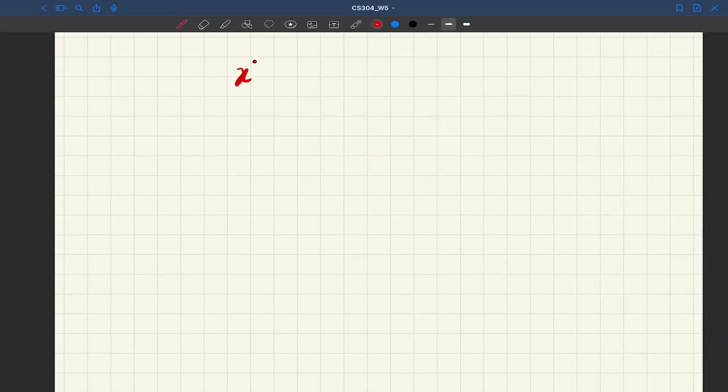So I have x square plus 1, and I need to find two other polynomials which, if I multiply them, give x square plus 1. One term is x square, so how can I get x square? By the multiplication of two x's.